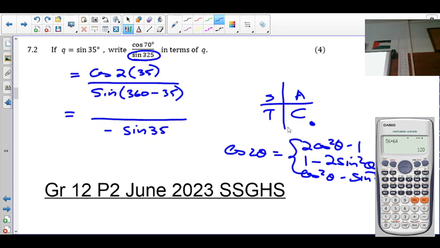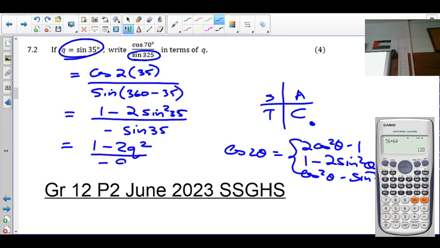Why? Because it can be in terms of sine. So it's 1 minus 2 sin squared 35. Remember what is sin 35? q. So it's 1 minus 2q squared over negative q. Or the equivalent answer, which is 2q squared minus 1 over q.